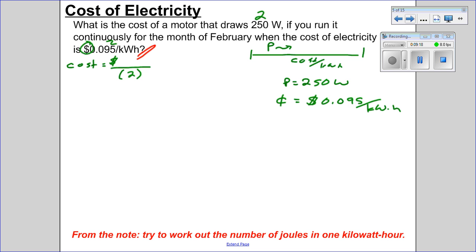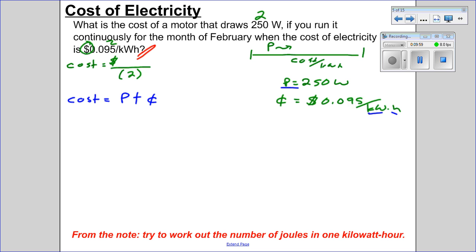So here's what we're going to do. We're going to say we have to cancel out kilowatts, we have to cancel out hours, which means we have to put something on the top that's power and something on the top that's time. And that kind of makes sense because kilowatt hours is a measure of energy, which is power times time. So let's take a look at how this works. If we say that the cost is equal to the power, which is P right up here, times the time, times the cost, let's just check our units on this and make sure that it's working.